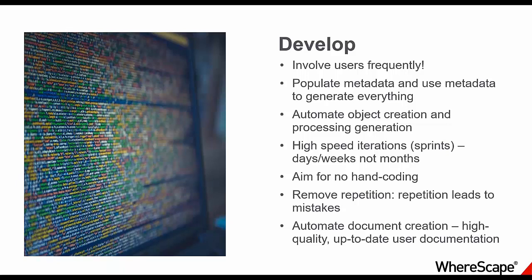Use the metadata to also drive your development: creating objects using automation and the metadata, generating your processing scripts, whether that is a stored procedure or code blocks, depending on your target cloud platform. How do you process? Use automation to help you with that and the metadata. This gives you really high-speed iterations.